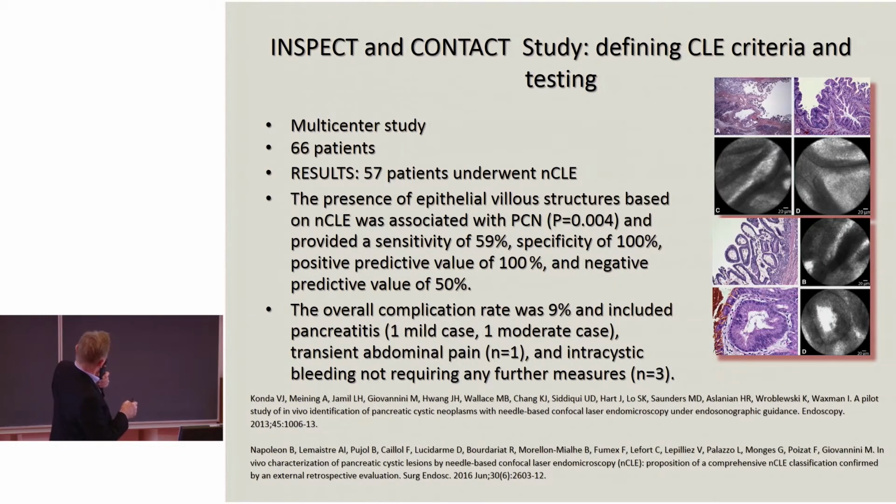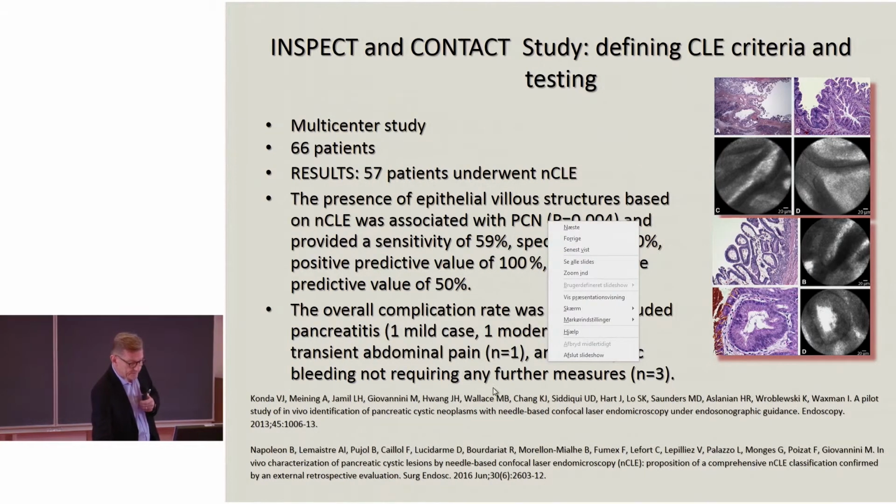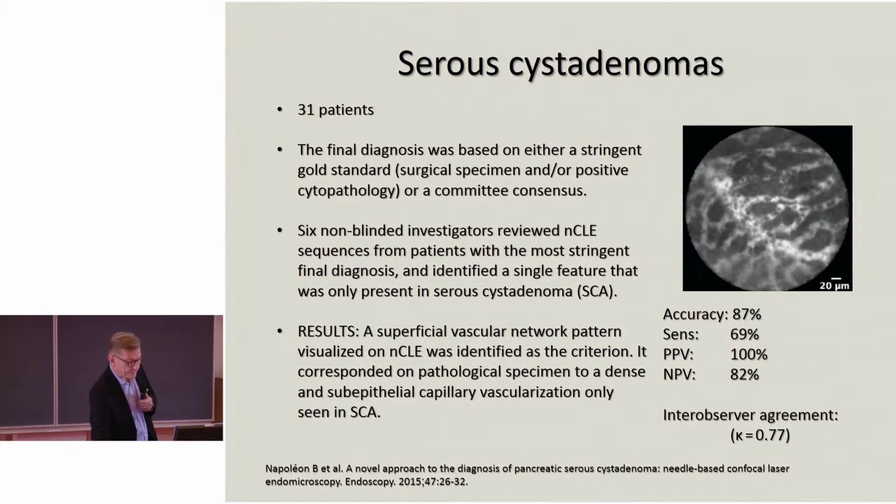Look at the complication rate, 9%, mainly pancreatitis. And this is the serous cystadenoma. As you can see, it's pretty good for serous cystadenoma, accuracy 87%.